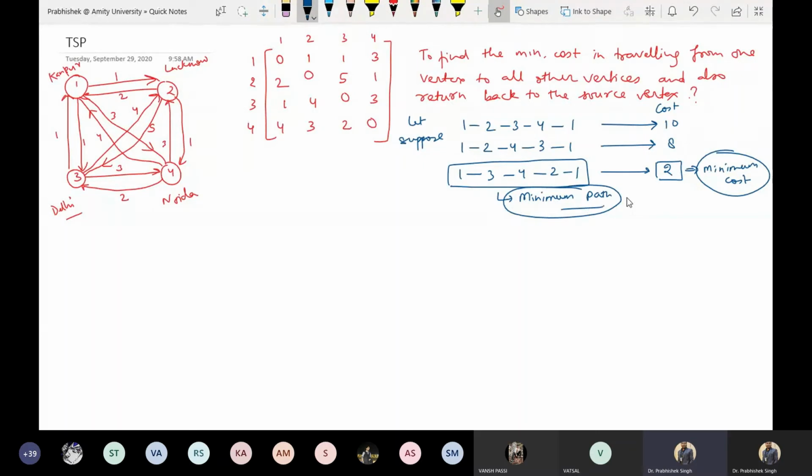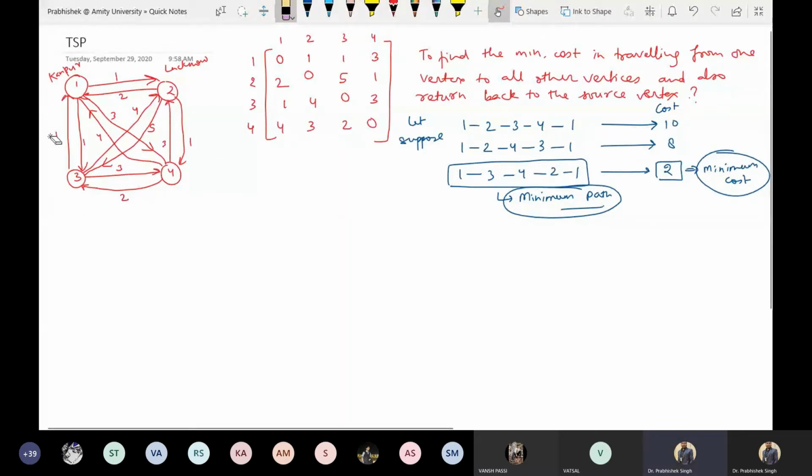And while doing so, we calculate that minimum cost, and after that we will traverse the path we followed to get that minimum cost. By this way, we will get the minimum path also. So this is how we are going to solve the problem.